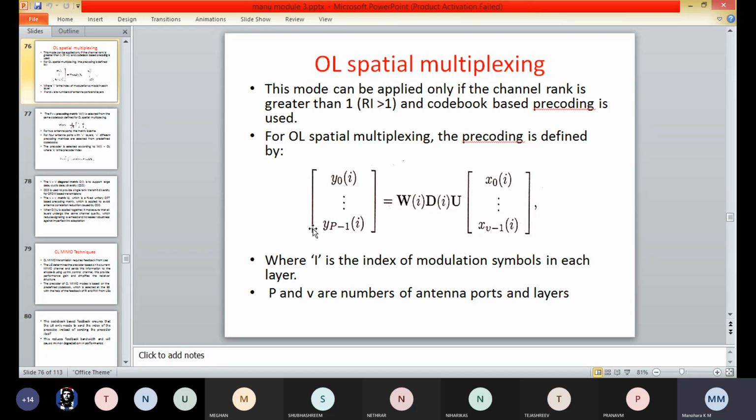So for open loop spatial multiplexing, the precoding is defined by the matrix of y0 of i to yp minus 1 of i is equal to W of i D of i U into the matrix of x0 of i to x v minus 1 of i.